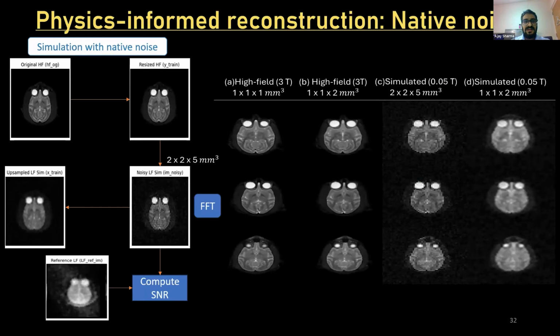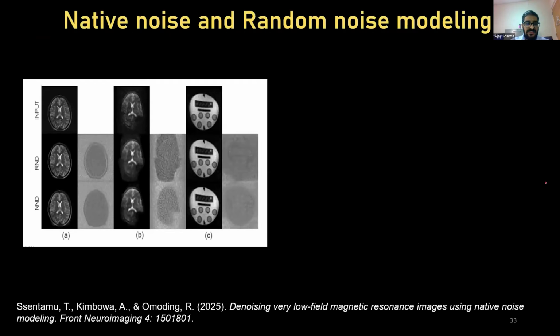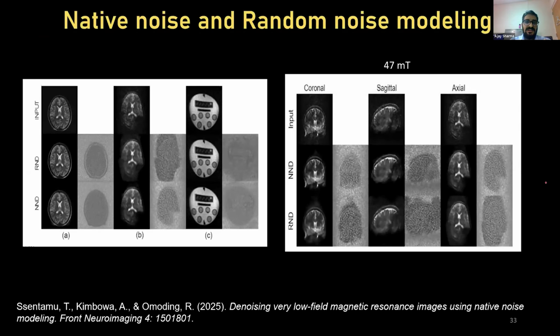Like you can see an example of a high field 1 by 1 by 2 resolution and simulated 2 by 2 by 5. So finally, these are the simulated images, and we trained against high field and simulated, and try to incorporate that learning on a very low field. The idea of native noise modeling was taken from a previous paper from the lab, which added the native noise of a scanner to actual high field images, and then tried to recover those.